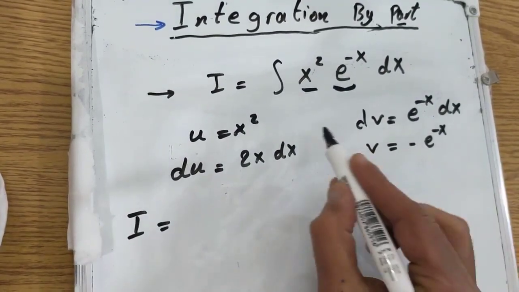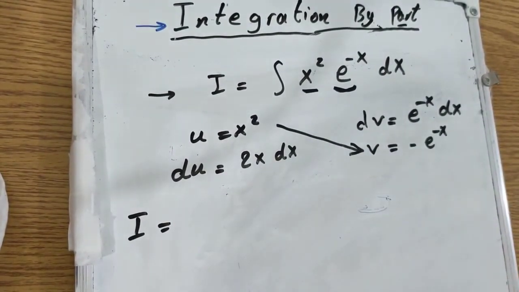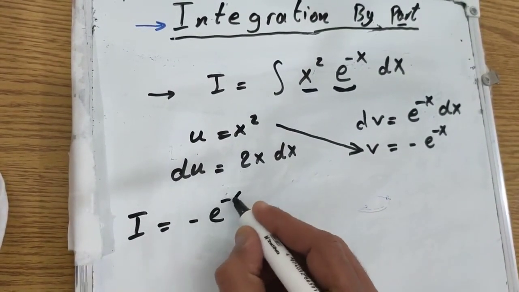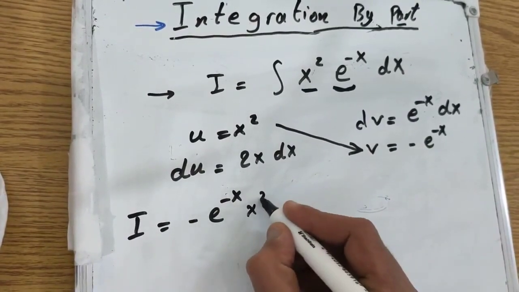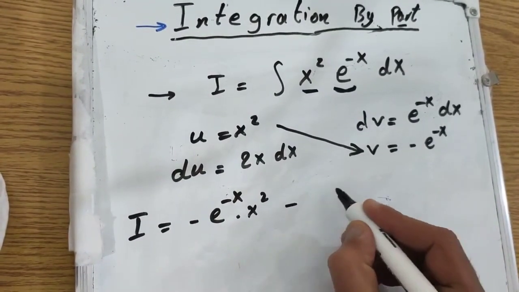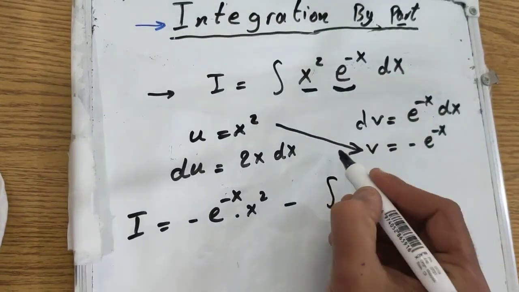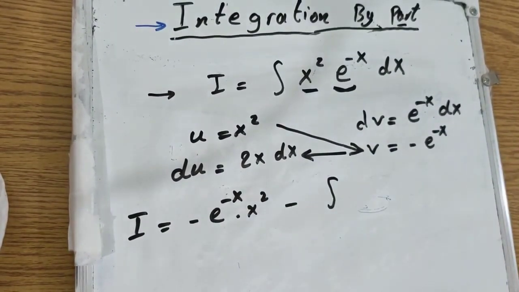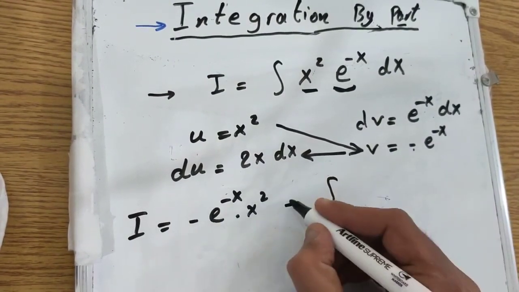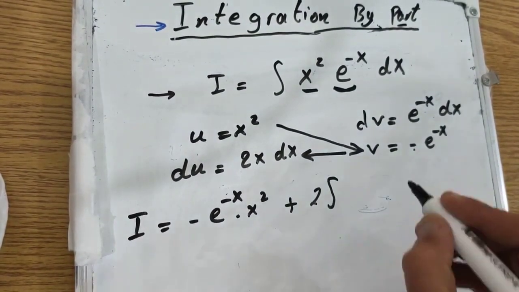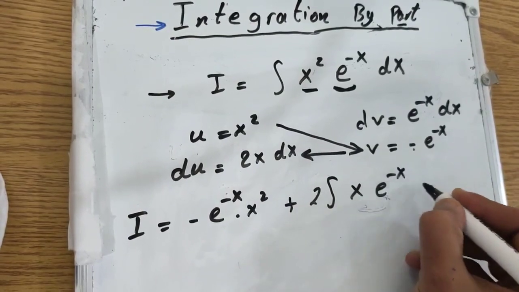Using the rule of integration by parts, our integration will equal u times v, so it's negative e power negative x times x squared, minus integration of v du. And again, we can have the constant outside, negative 2, so it will be now plus 2, x times e power negative x dx.